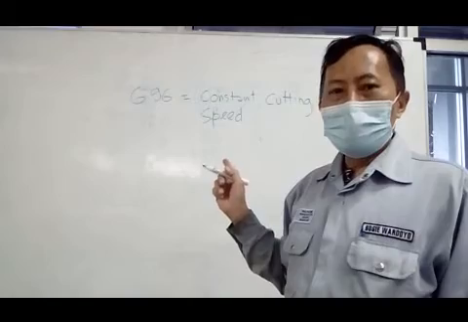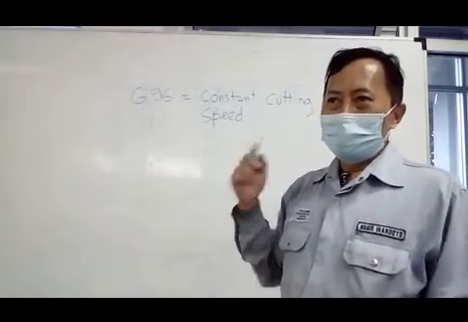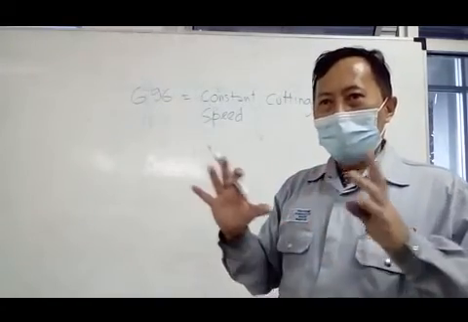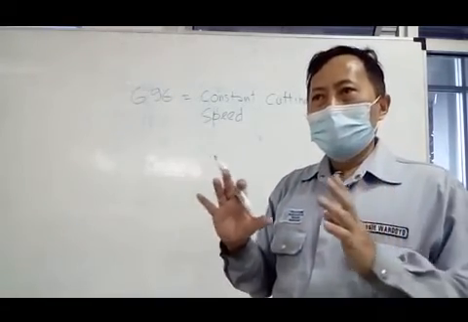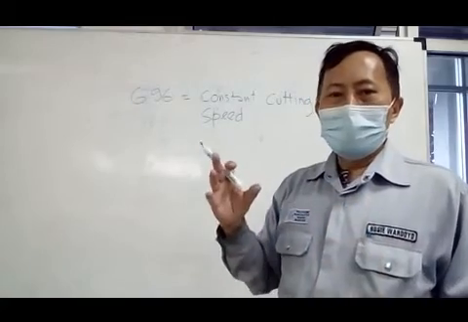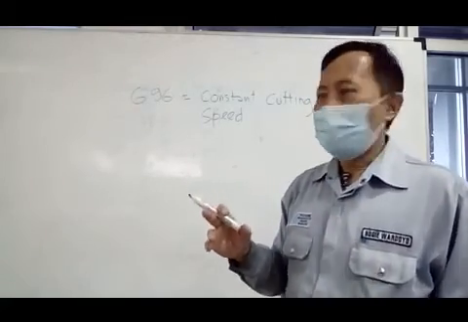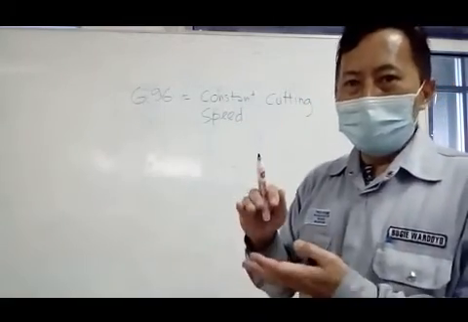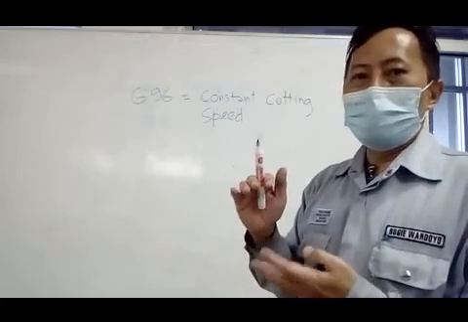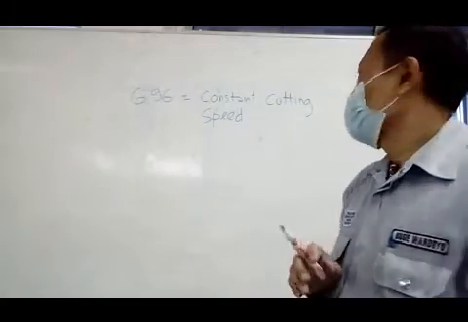So this is for turning. The turning RPM is not constant, but the cutting speed must be constant because the diameter changes each time.